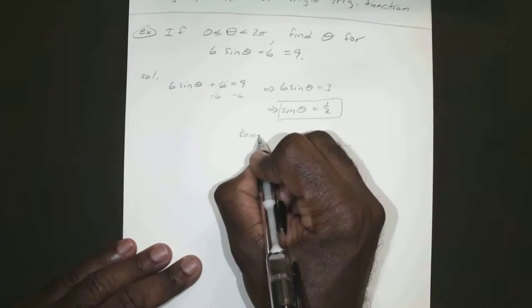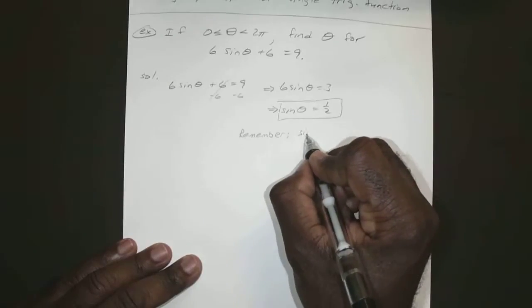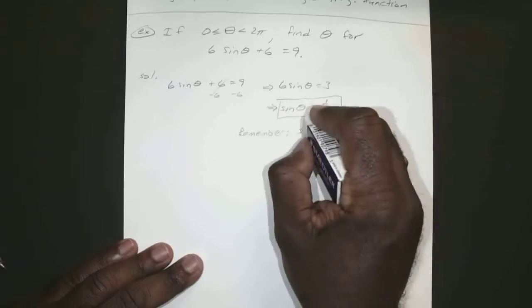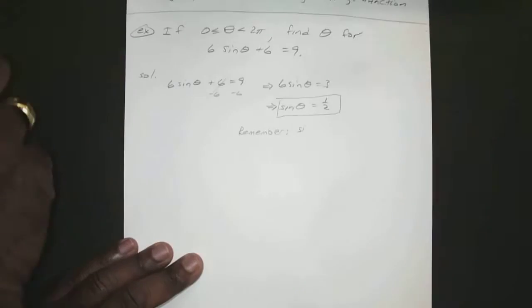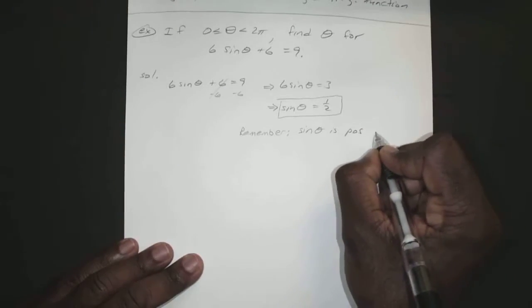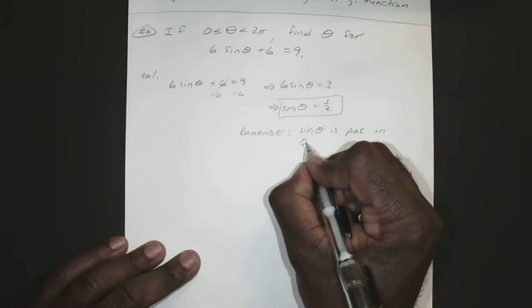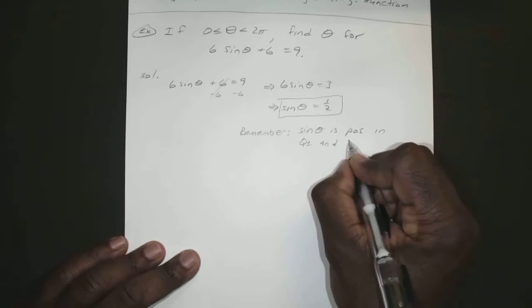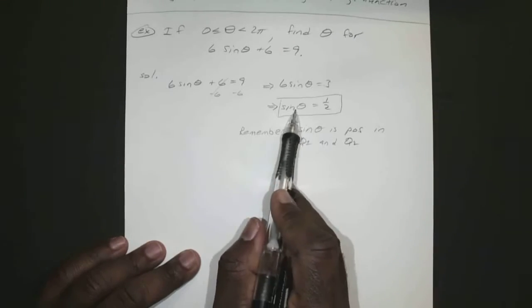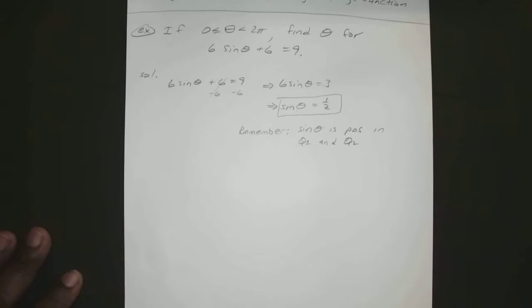Okay, so you want to remember, sine of theta is positive in quadrants 1 and 2. So all of our values of theta have to be in quadrants 1 and 2. If it had come out negative, that would have changed it.